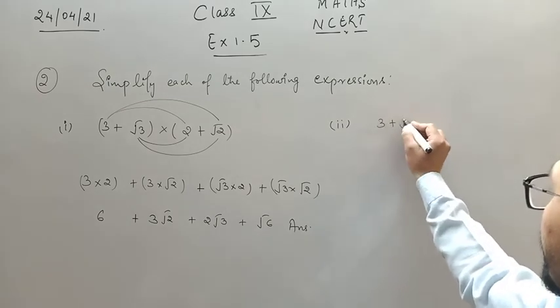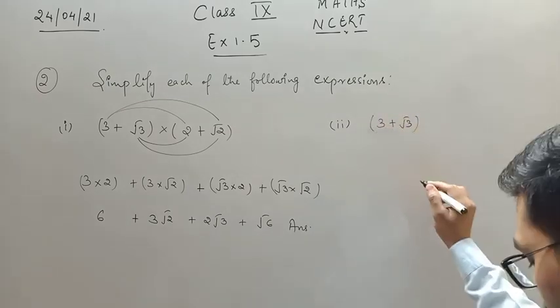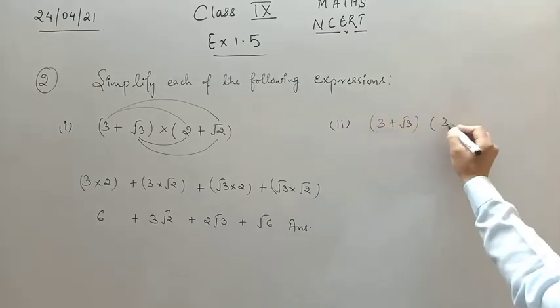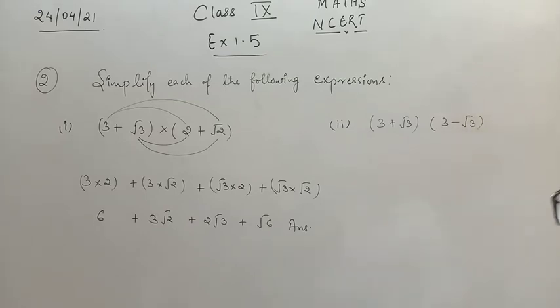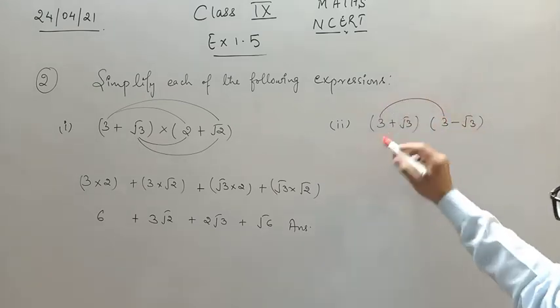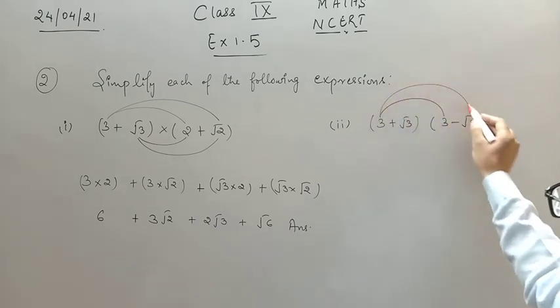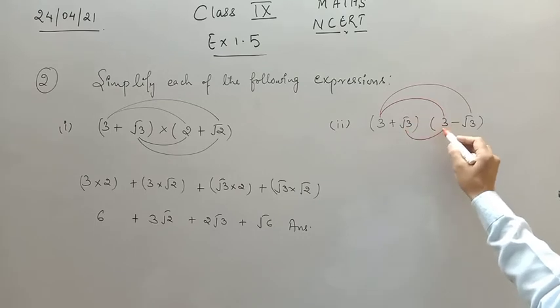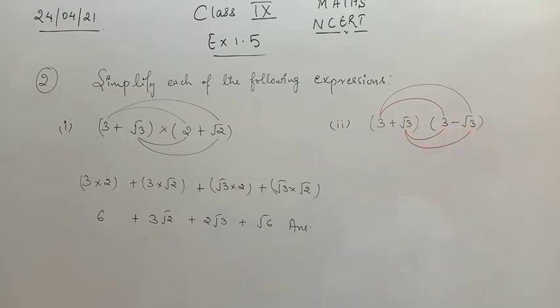3 plus root 3 and 3 minus root 3. Similarly, you just need to multiply these two values. First you multiply 3 with 3, then 3 with this minus root 3, then this root 3 with 3, and this root 3 with minus root 3.